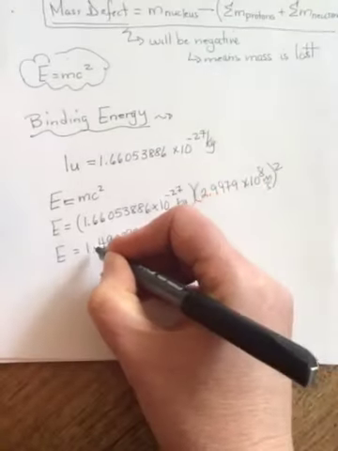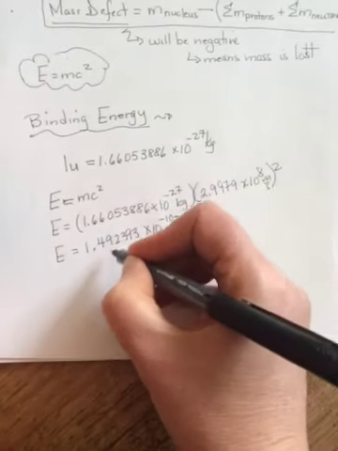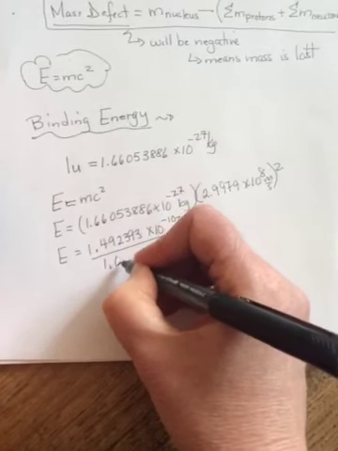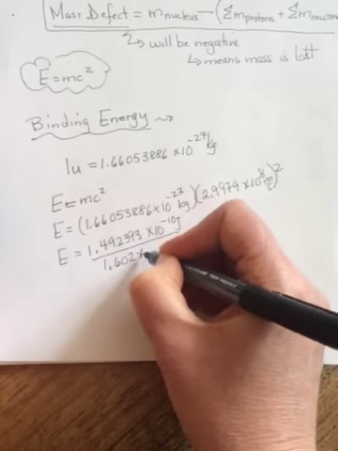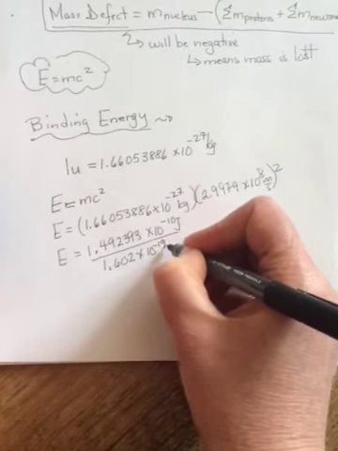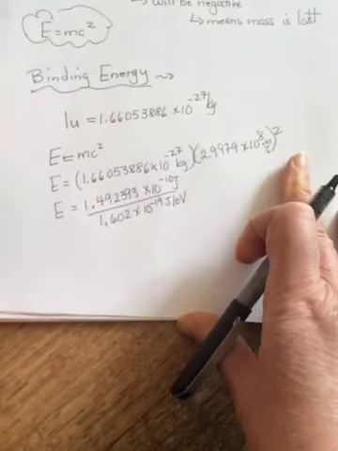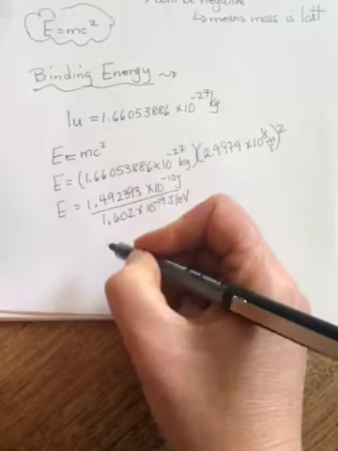But we want it in electron volts, so we know to change from joules to electron volts we're going to divide by 1.602 times 10 to the negative 19 joules per electron volt, just like we always did in the photoelectric effect questions.